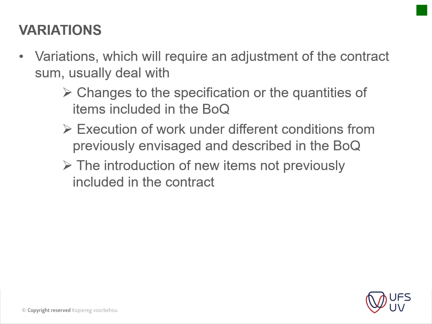Okay, so variations which will require adjustment of the contract sum usually deal with changes to the specification or the quantities of the items included in the BOQ, additions to the project, and execution of work under different conditions from those previously envisioned and described in the BOQ.